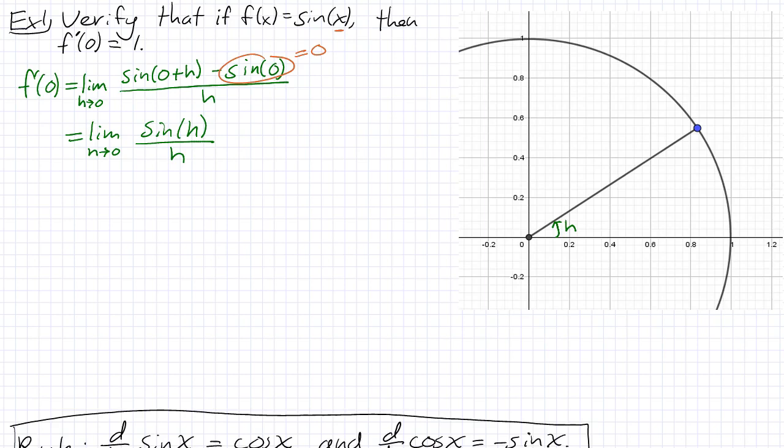And the definition of radians, what it means to be a radian angle, is that the radian measure of an angle is just equal to the length of this arc length around the edge. That is equal to h.